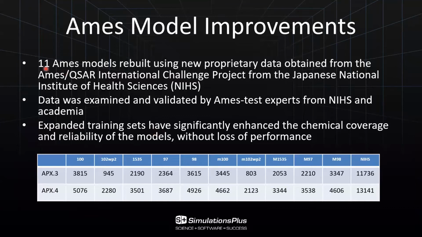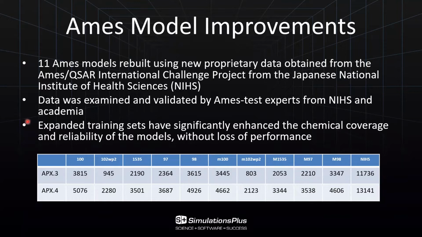Our 11 Ames models have been rebuilt using new proprietary data obtained from the Ames QSAR International Challenge Project from the Japanese National Institute of Health Sciences. The data was examined and validated by Ames test experts, both from NIHS and academia.